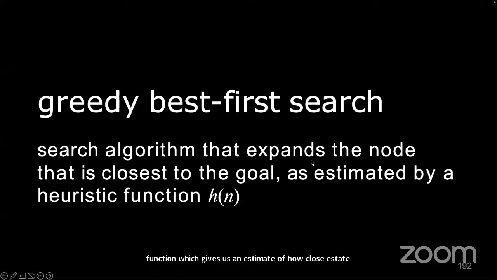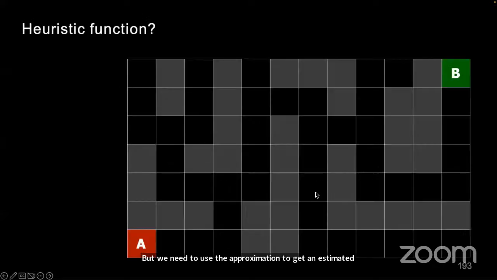It is not possible to calculate exactly how far a state is from the goal state, so we need to use approximation to get an estimated distance of a state from the goal state.